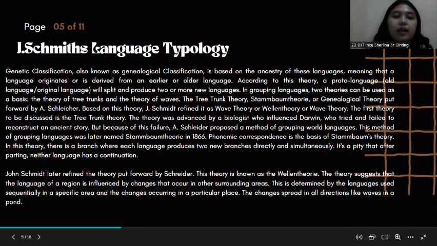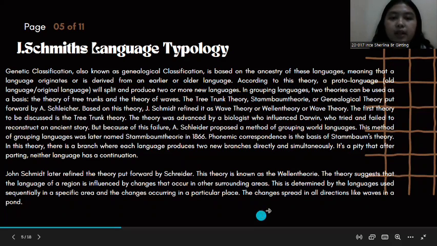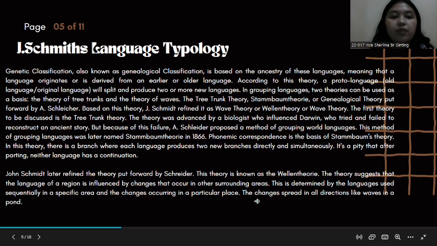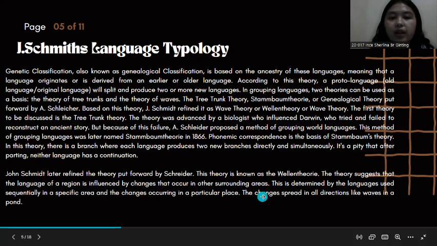Johannes Schmidt later refined the theory put forward by Schleicher. This theory is known as the wave theory. The theory suggests that the language of a region is influenced by changes that occur in other surrounding areas.